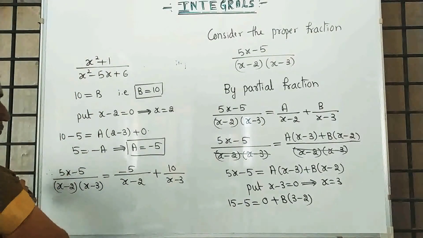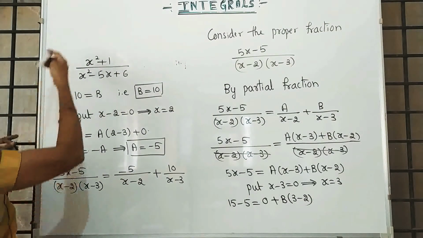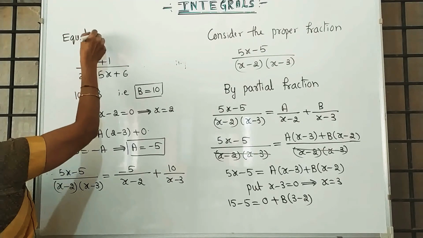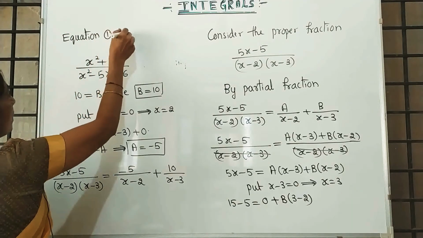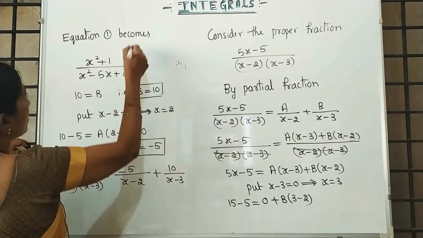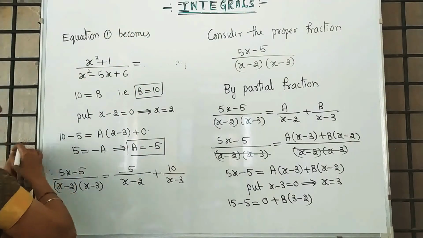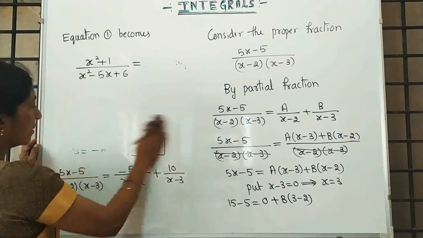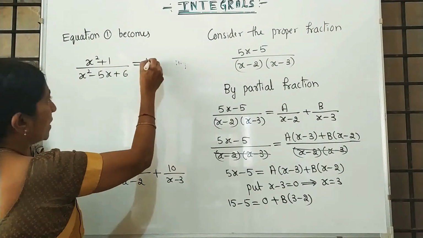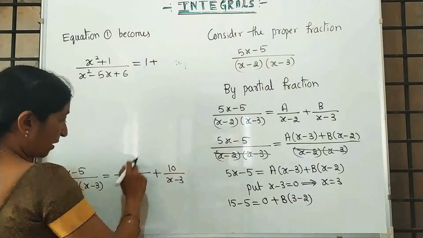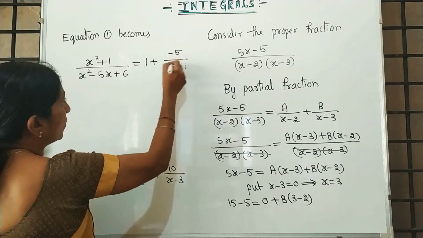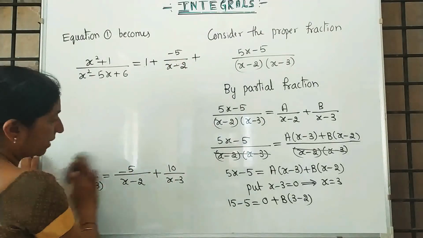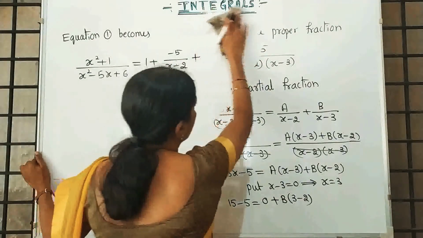Therefore equation 1 becomes x square plus 1 upon x square minus 5x plus 6 is equal to 1 plus minus 5 upon x minus 2 plus 10 upon x minus 3.